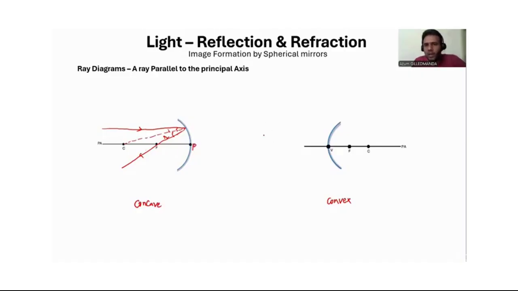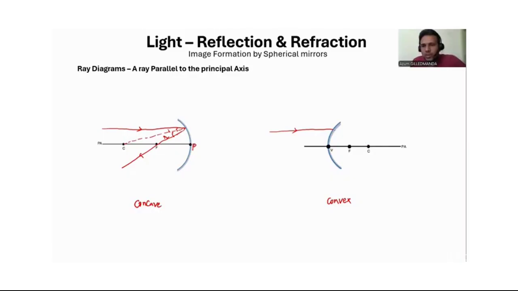Similarly, what happens if the same ray parallel to the principal axis falls onto the convex mirror? This is the ray parallel to the principal axis, and it falls onto the convex mirror. Same thing, we need to see the angle of incidence and the angle of reflection.